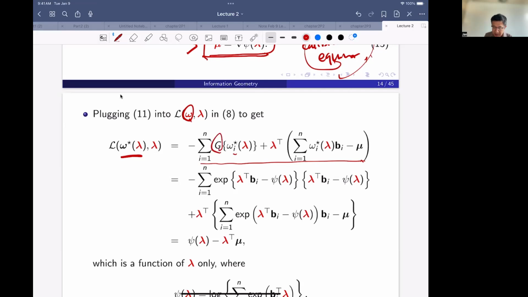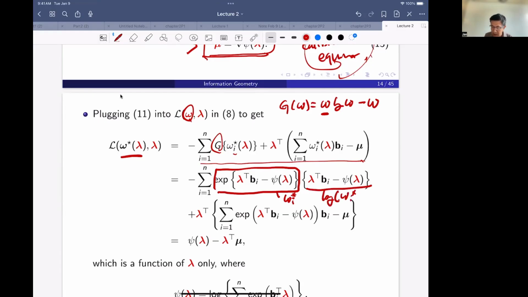So what is this? G omega is omega log omega minus omega, right? And what is omega? Omega is this, so this is omega I star. This is log omega I star.